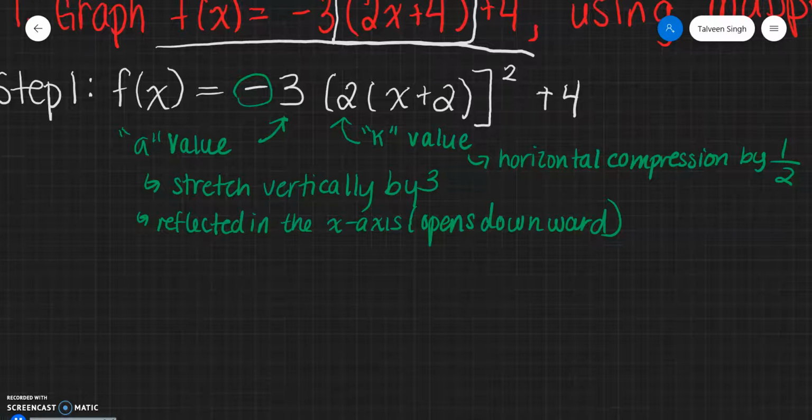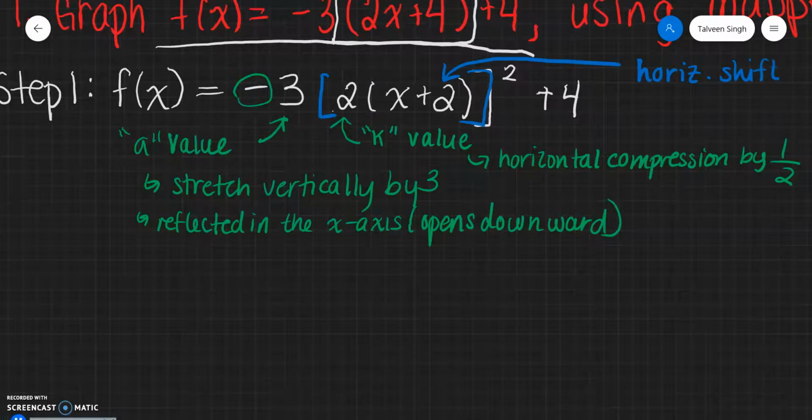Then we're going to find our translations. You have this 2 over here, and because it's within the brackets, I'm looking at these blue brackets right here, it is going to be a horizontal shift.